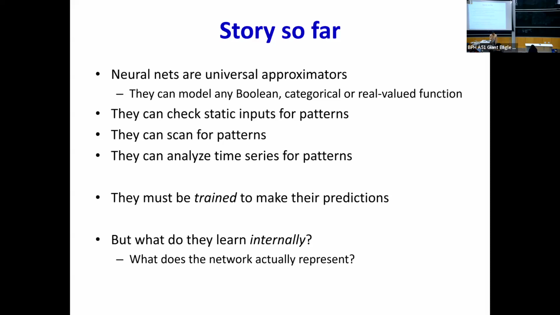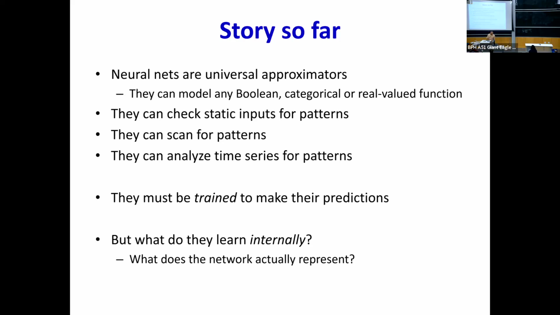We learned initially that neural networks are universal approximators. They can model pretty much any function. They can check static inputs for patterns. They can scan for patterns with position invariance. And they can analyze time series for patterns. But in every case, they must be trained to make their predictions.